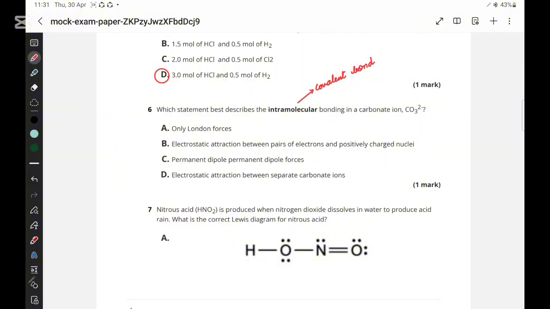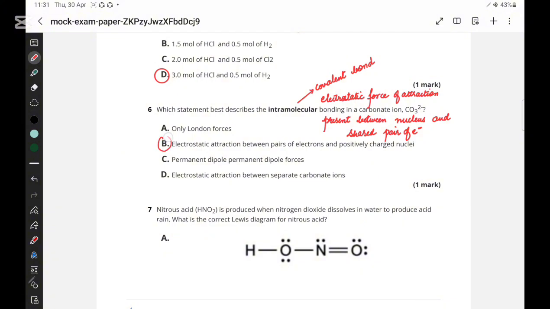This is the covalent bond, and the covalent bond is described by the electrostatic force of attraction that is present between the nucleus and the shared pair of electrons.